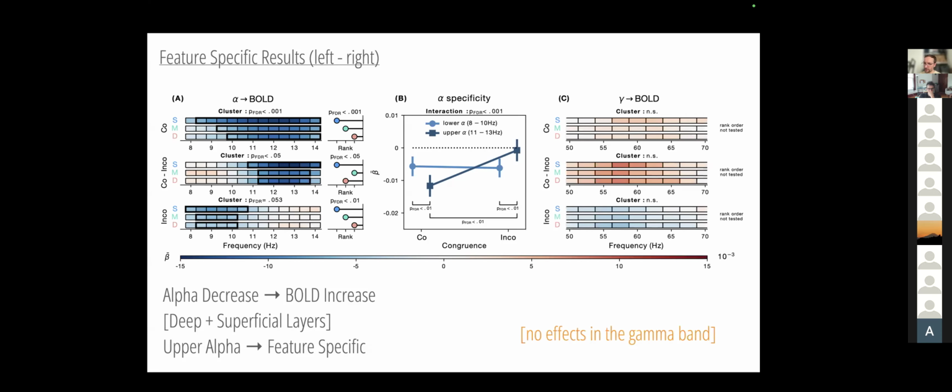And again, no gamma band effect, which was super disappointing, to be honest. But then we thought, okay, the voxels that we used in this specific analysis were based on the contrast between left and right oriented gratings. So we did a first level analysis, left minus right, and then took those that responded strongly, where the result was the most positive or the most negative, which then would point to voxels preferring the left or the right orientation.